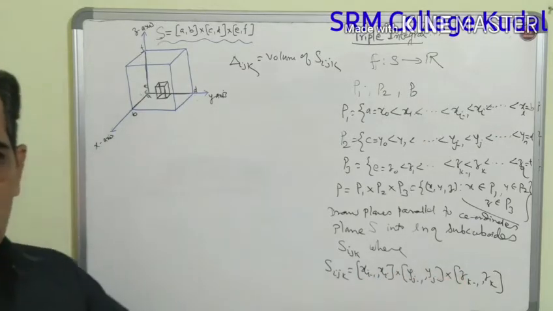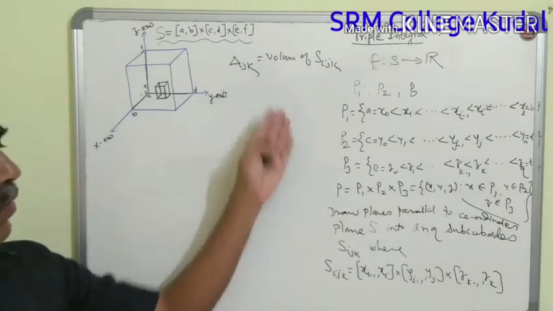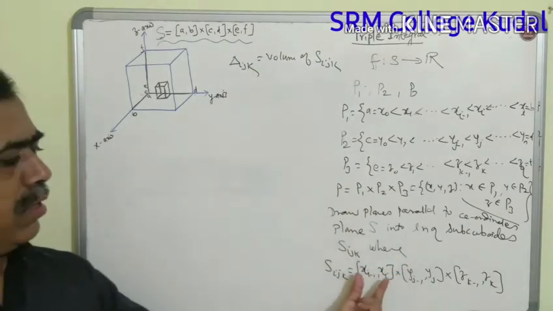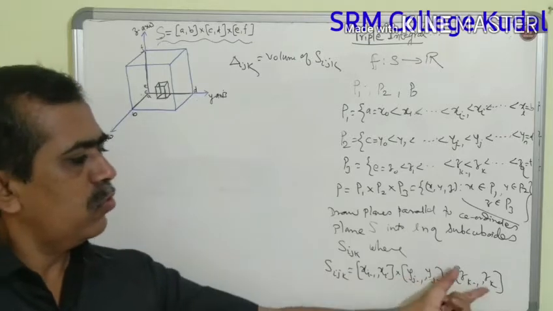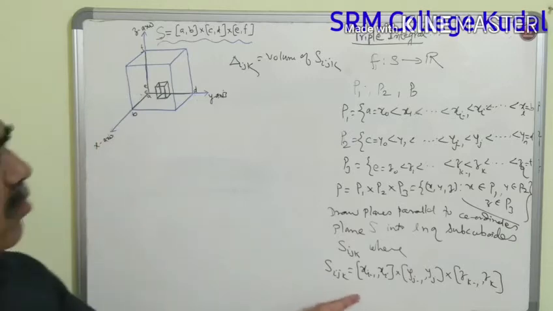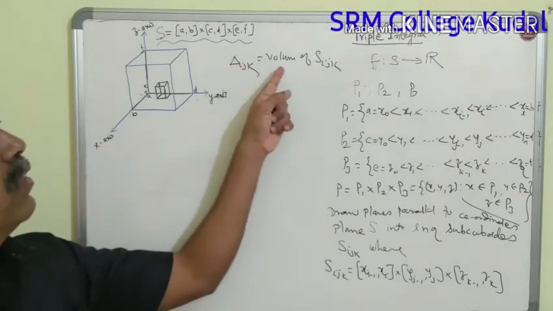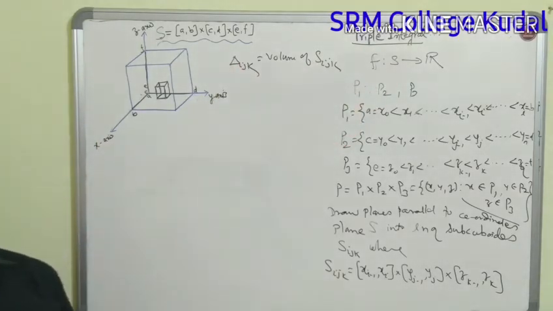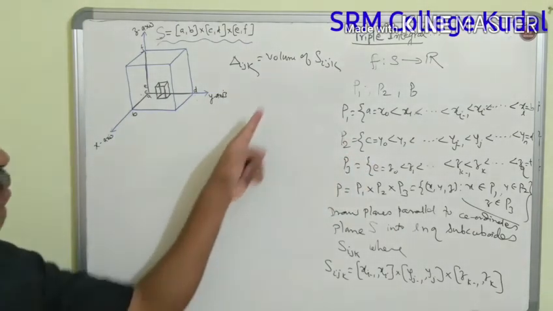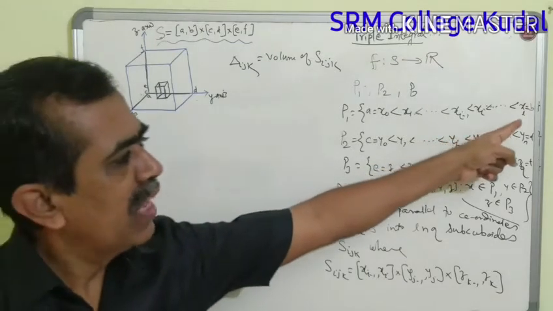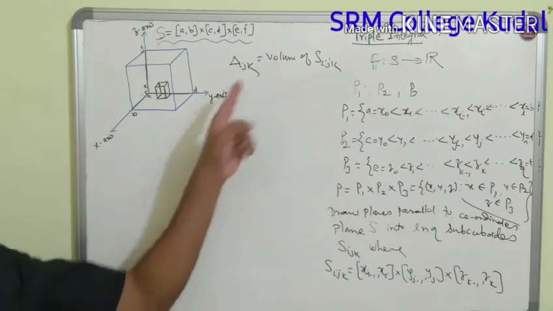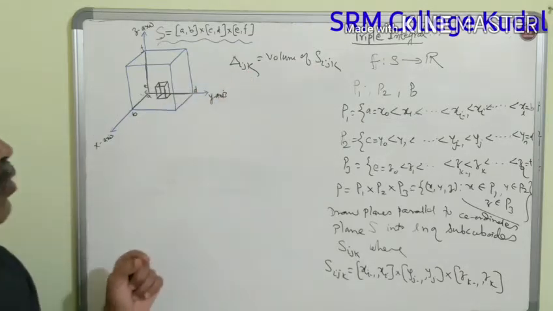So the volume of this cuboid will be xi minus xi minus 1, the length, into yj minus yj minus 1, the width, into zk minus zk minus 1, the height, z being the height. This is how you get delta ijk, the volume of the subcuboid Sijk, and this is true for every i from 1 to L, j from 1 to N, and k from 1 to Q. So this is the volume of any subcuboid.